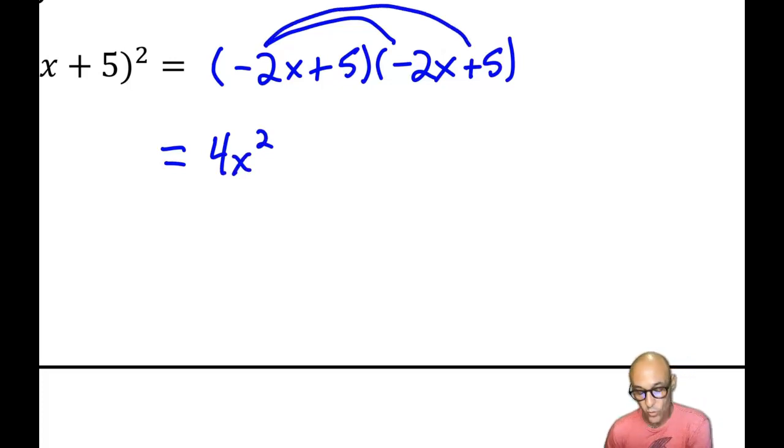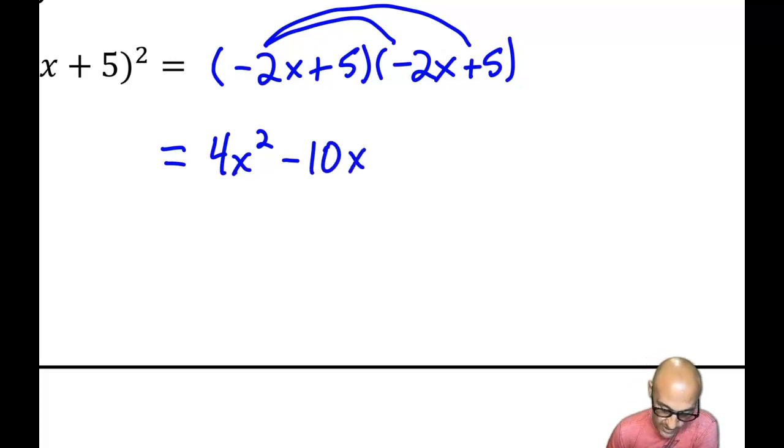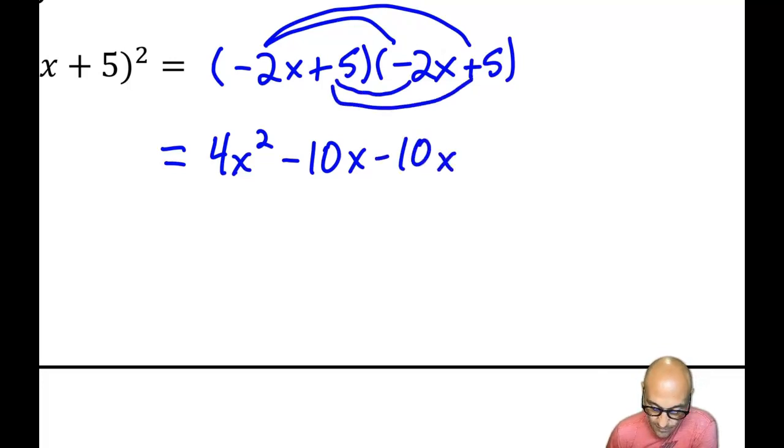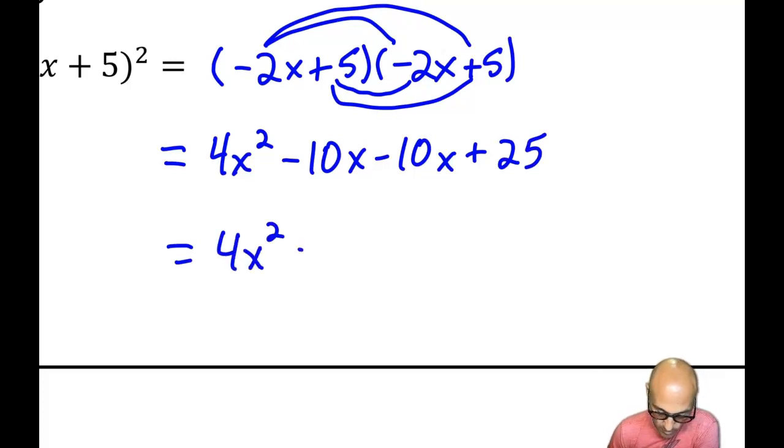Outers, negative 2x times 5 is negative 10x. Inners, 5 times negative 2x is negative 10x. Lasts, positive 5 times positive 5 is positive 25. When we combine those terms, we have 4x squared minus 20x plus 25.